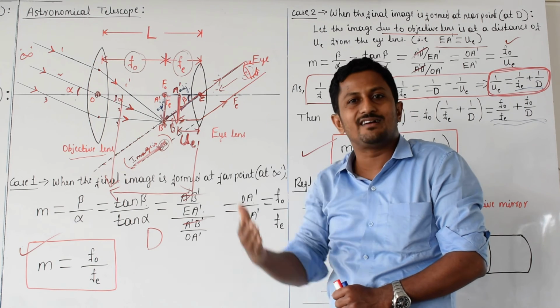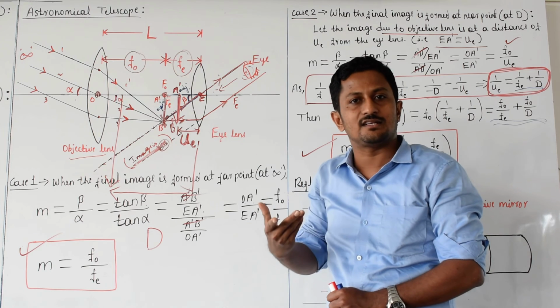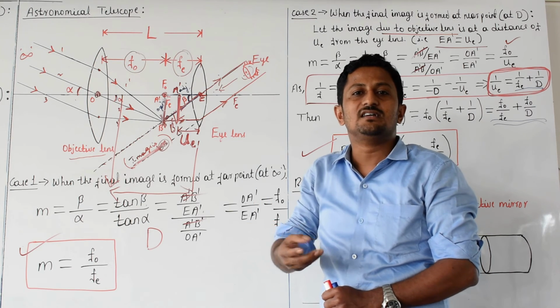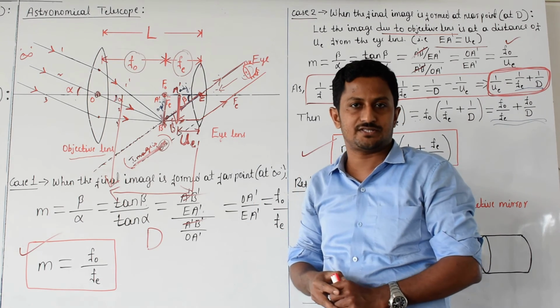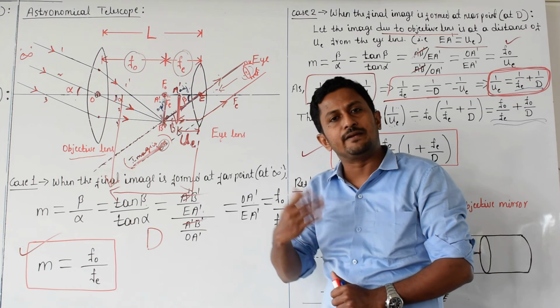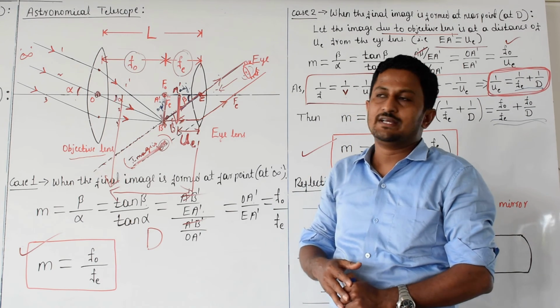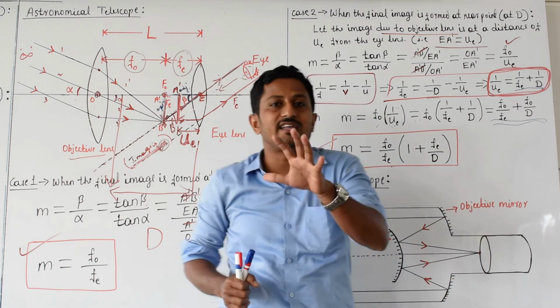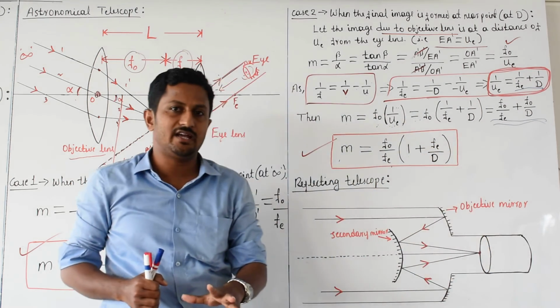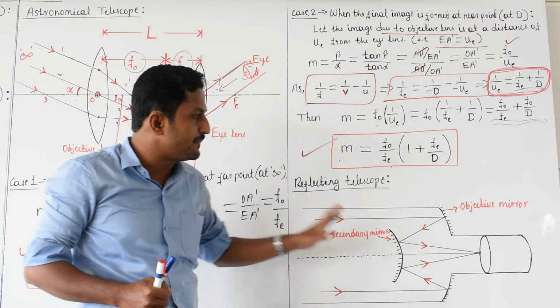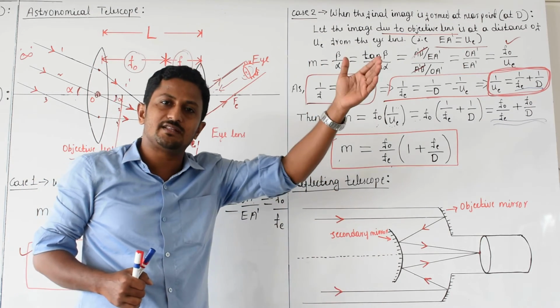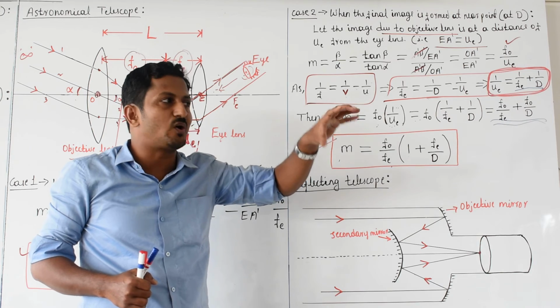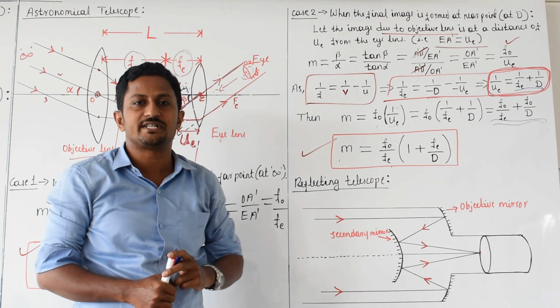Because of its bigger size, that telescope comes with some disadvantages. That's why in modern telescopes, instead of an objective lens, they take a mirror. With the help of a mirror, they get clear images of distant objects.